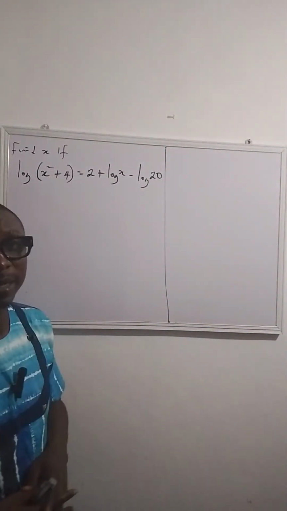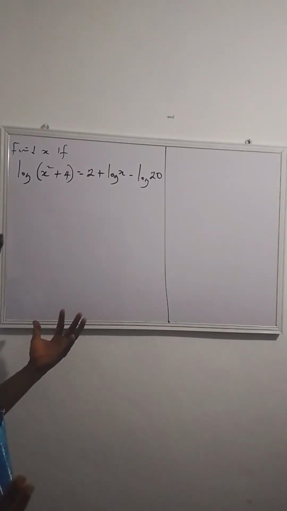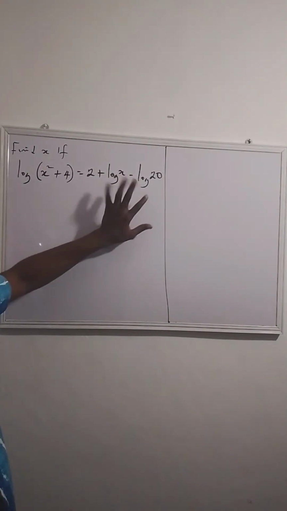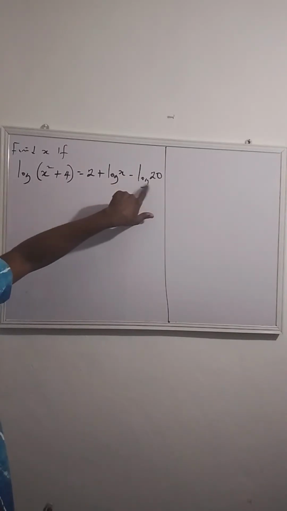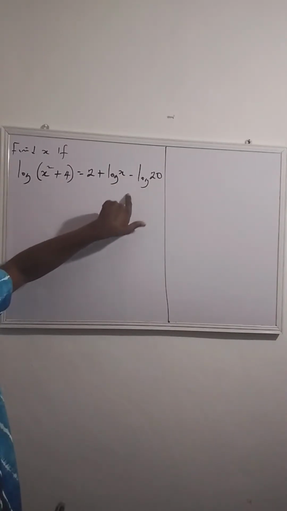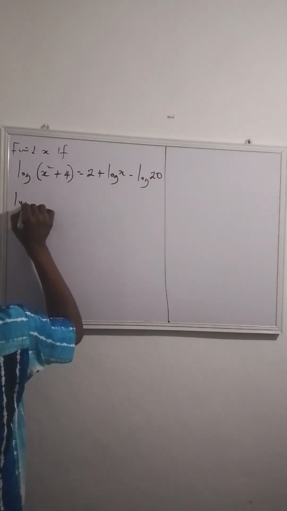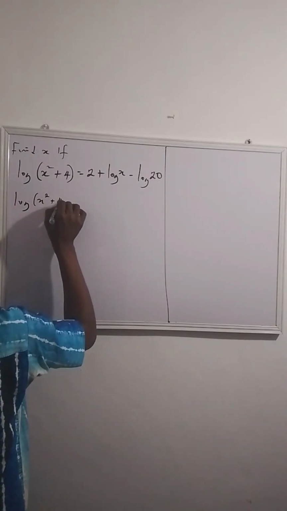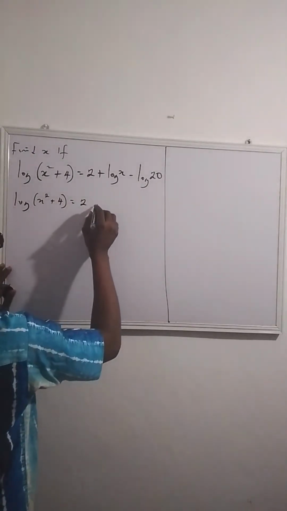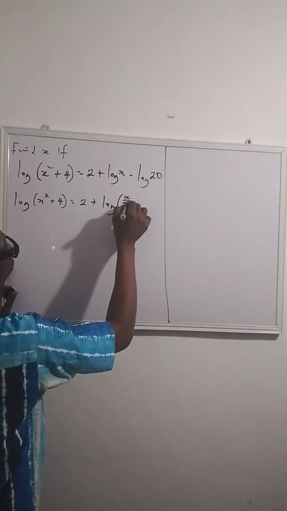Now what comes to mind is the law of logarithms. The first thing now is to find a way of applying a law of logarithms that connects subtraction of two logarithms. So this is log of (x squared plus 4) equals 2 plus log of x over 20.